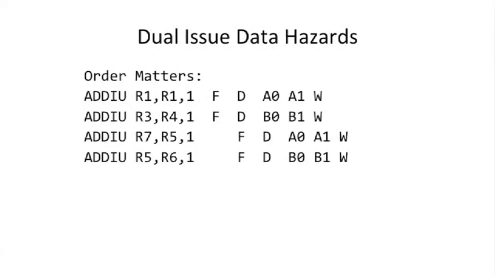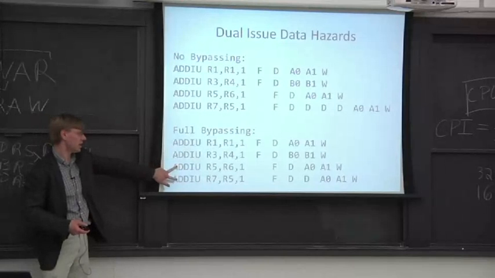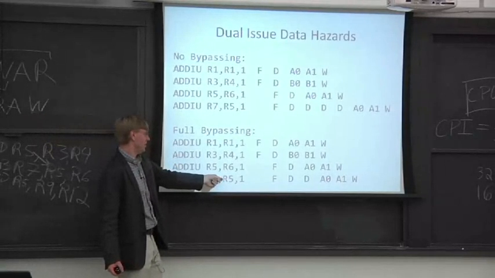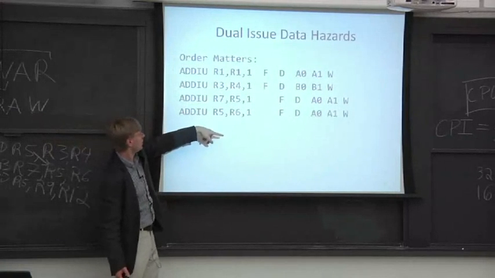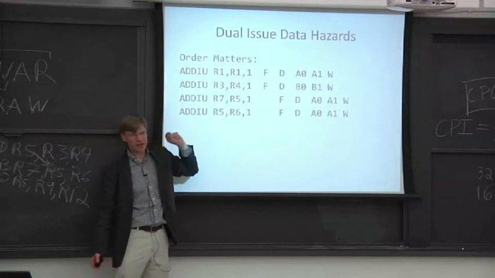So what I mean by order matters is that here we've interchanged these last two instructions. So we just flipped them, and we turned what was a read after write hazard into a write after read hazard.